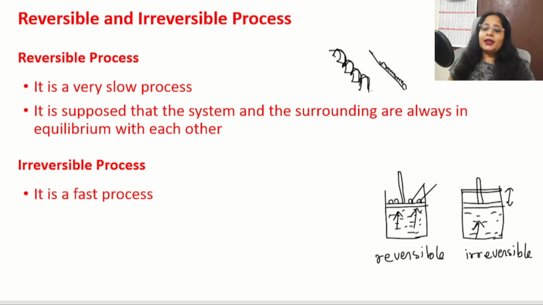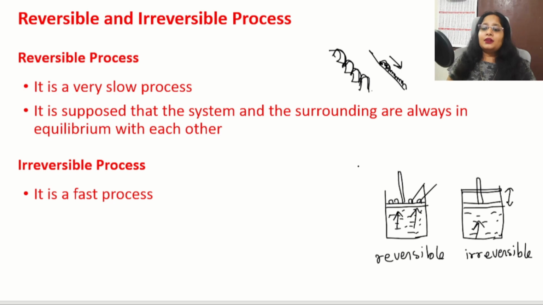At any instant, if somebody tells us to come back, it is easier to come back from the slope than from the steps, because on the slope we are increasing the height very slowly, and in the case of steps the increase in height is sudden: one step, sudden second step, sudden third step.